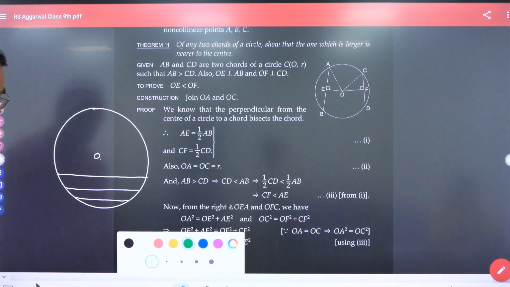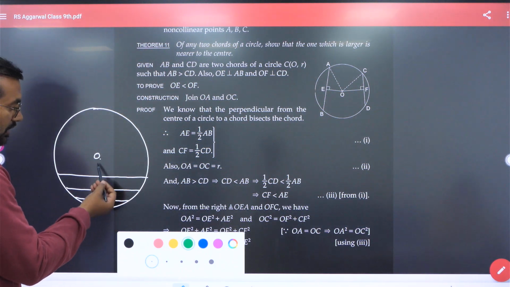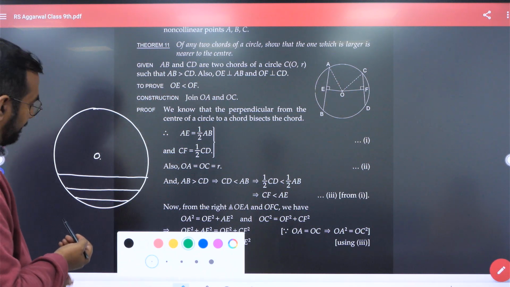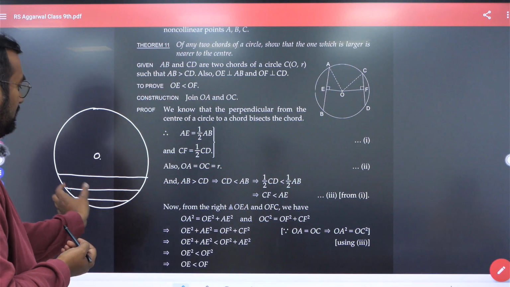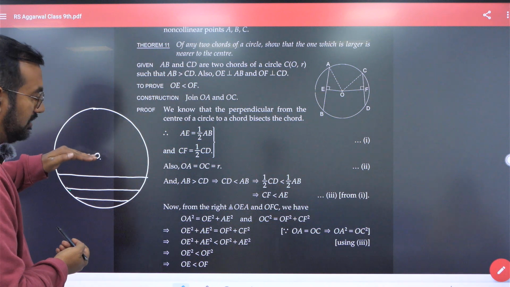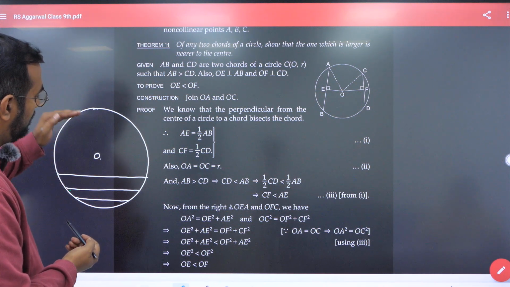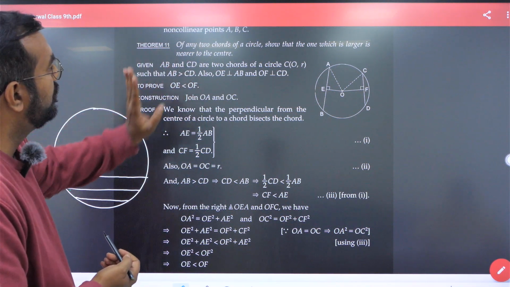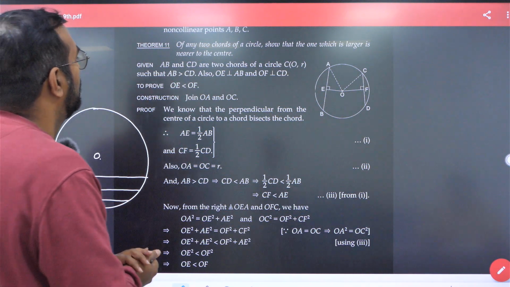The chord which is nearer to the center is larger. This one is larger than this, and this one is larger than this one, right? So as we go close to the center and draw chords, the chord becomes larger and larger. That is why this theorem is saying the same thing.